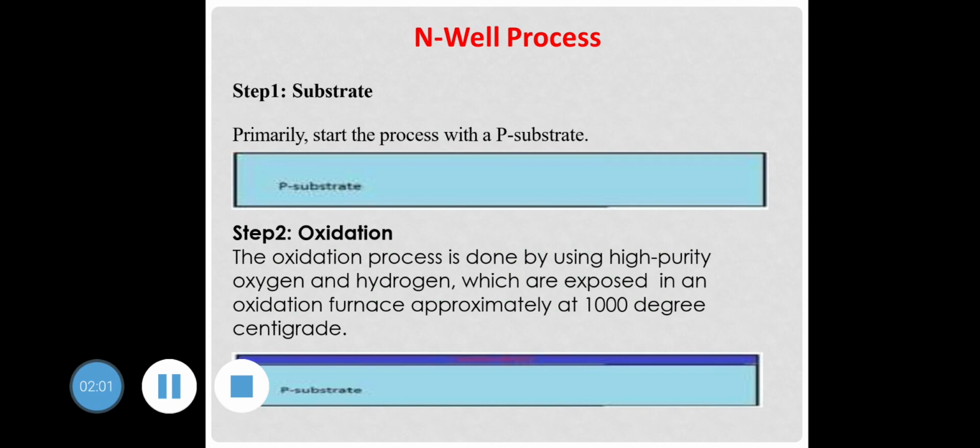Once you select the substrate, the second step is the oxidation process. One oxide layer is imposed on the substrate as shown in the blue color. The oxidation process is done by using high purity oxygen and hydrogen, which are exposed in an oxidation furnace at approximately 1000 degree centigrade.